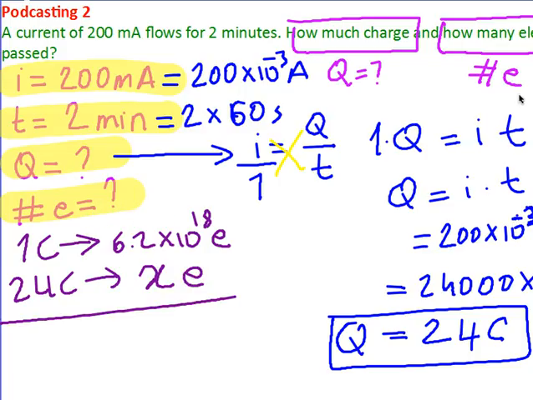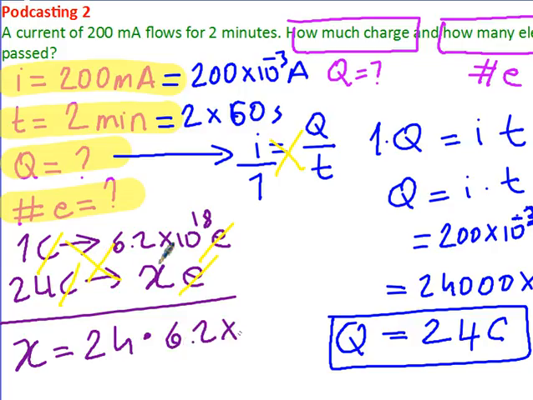That's the relation I am going to use, and I do the cross multiplication, which then provides me x is equal to, as I can see, the e's will go and the coulombs will go, and I'm going to end up with a nice letter only. So 24 times 6.2 times 10 to the power 18, and that is, my friends, 24 times 6.2 is 148.8 times 10 to the power 18.